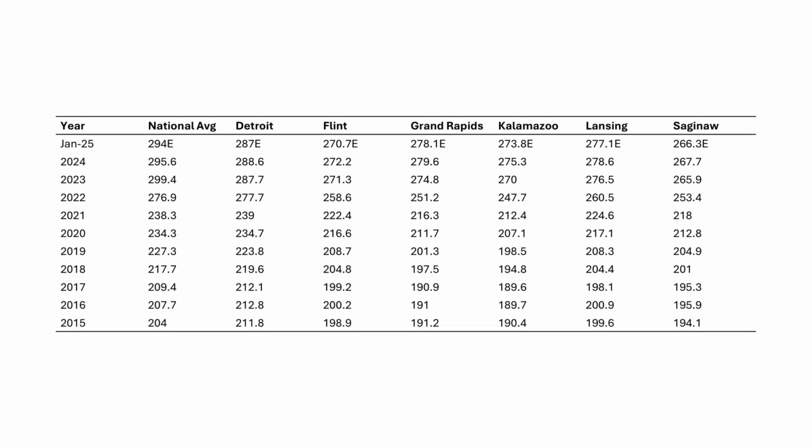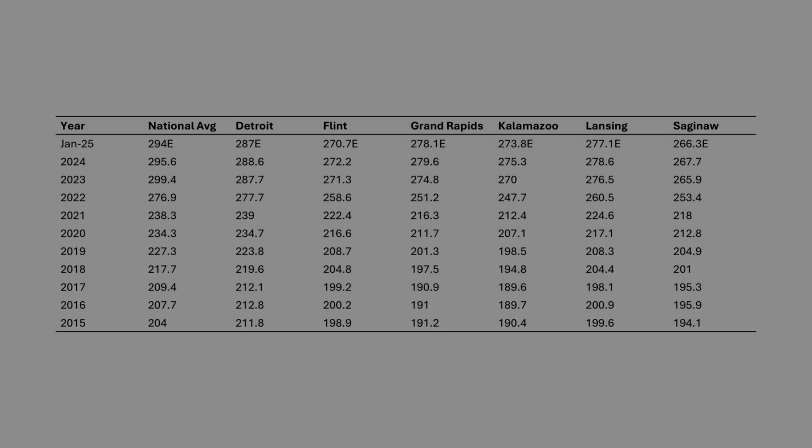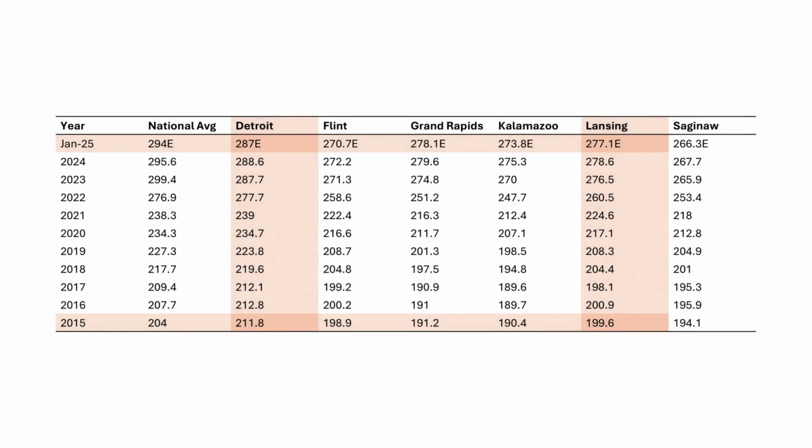Use the historical index table and apply the ratio of 2015 index divided by 2025 index multiplied by the adjusted cost for each city.